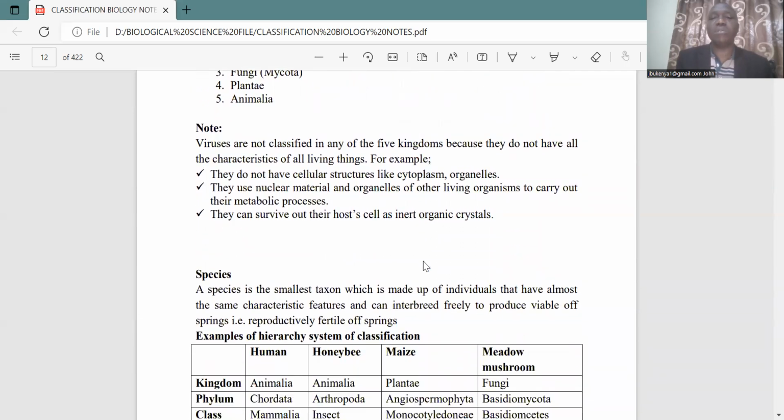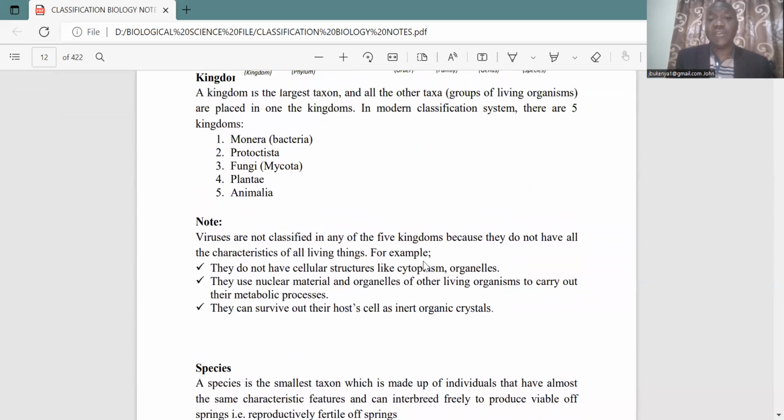Now, viruses are also known to exist on Earth, but they are not placed in any of these kingdoms because viruses are found at the boundary of living things and non-living things. At one point in the life cycle of a virus or a viral particle, it will be non-living. A virus is an inert organic particle when it is outside the cells of its host.